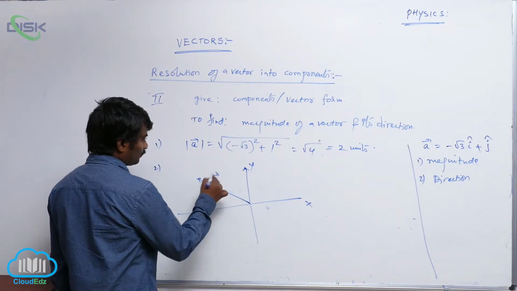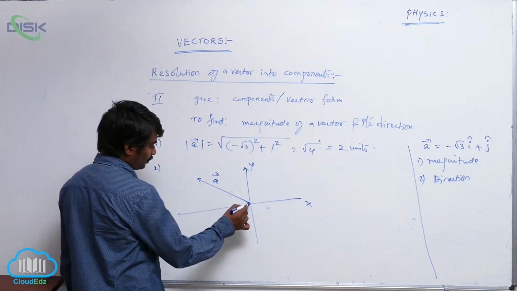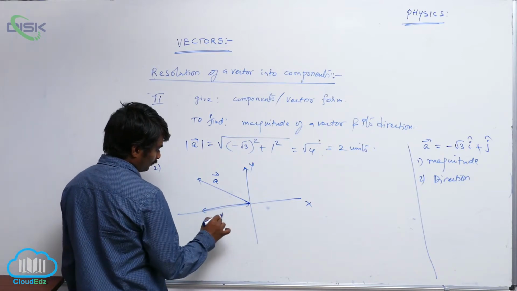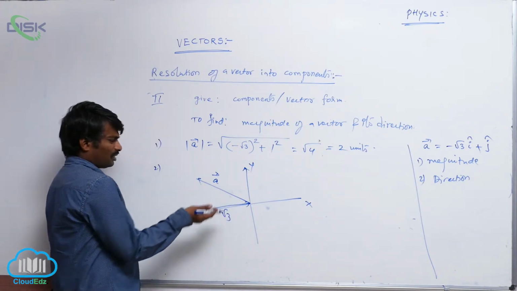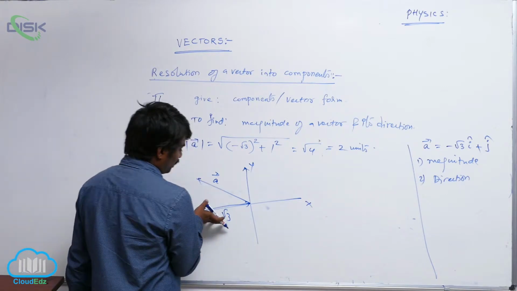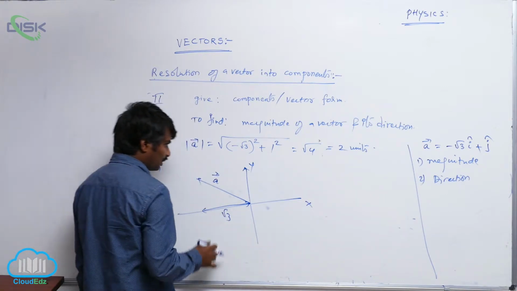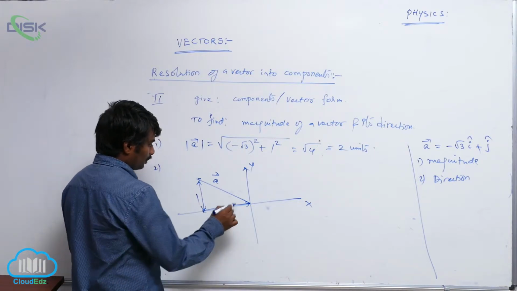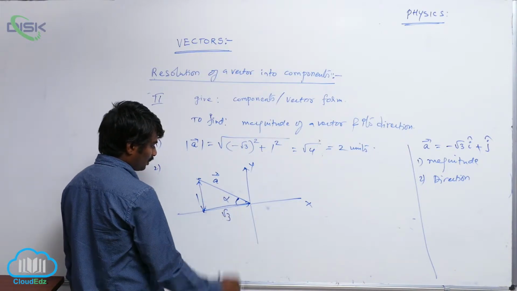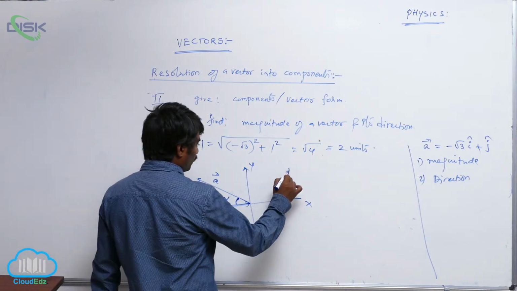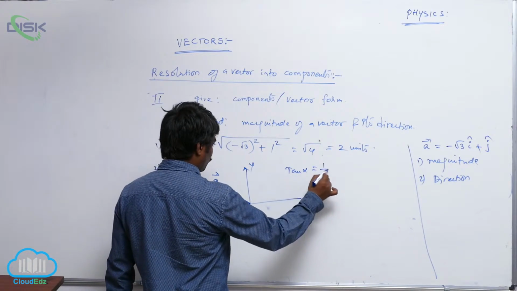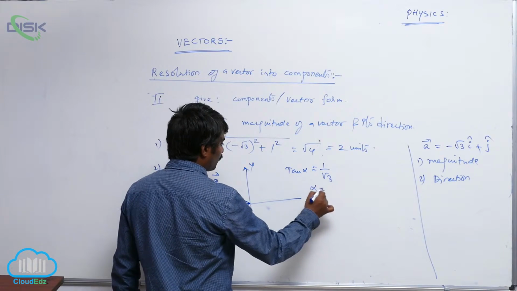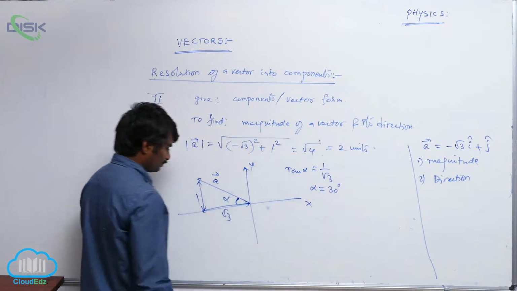rough diagram, and the x coordinate is root 3, because once I have decided that the vector is in which quadrant, no need to go for any sign, and y coordinate is 1. Suppose if you take this is alpha, so tan alpha is equal to 1 by root 3, so alpha is equal to 30 degrees.